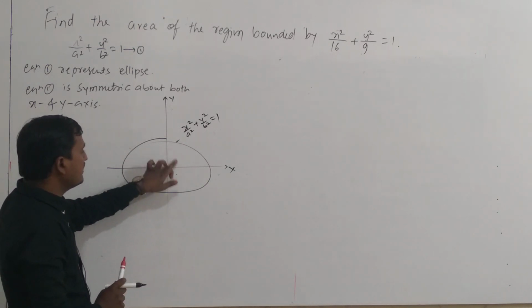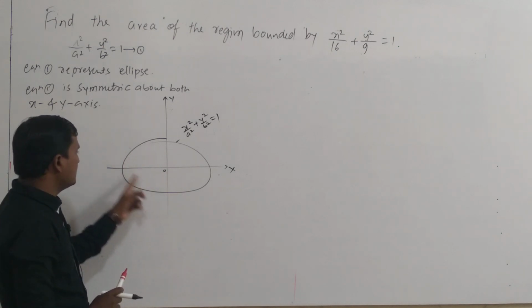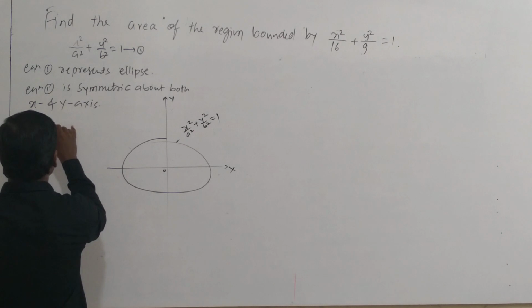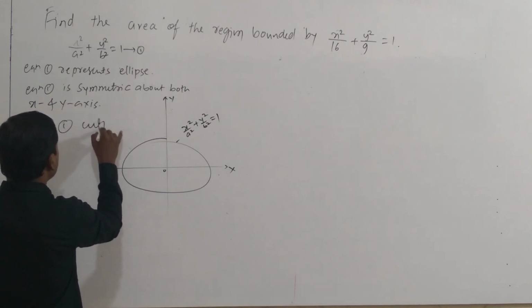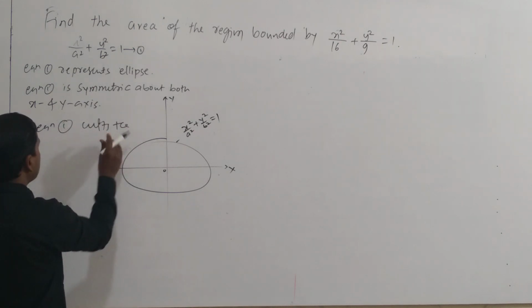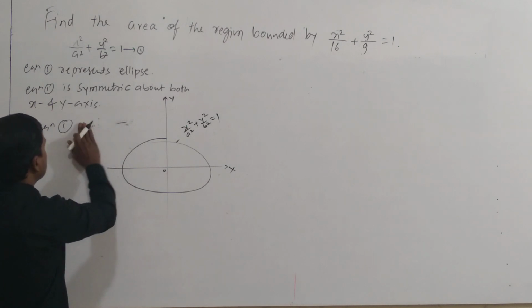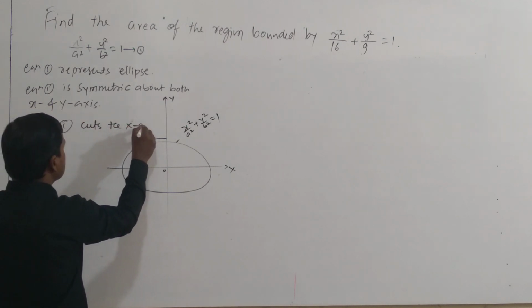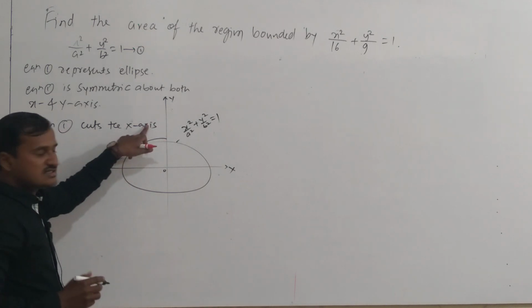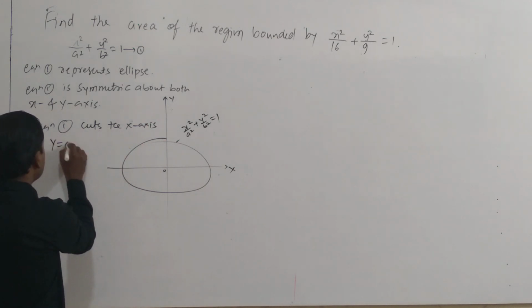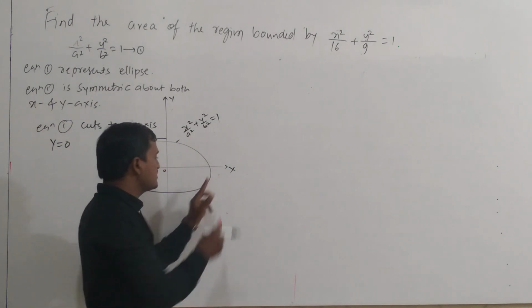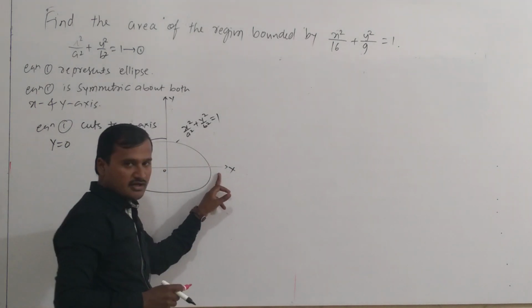To find the area of this region, clearly this curve cuts the x-axis. It means that equation 1 cuts the x-axis. If it cuts the x-axis, its y coordinate is always 0, so at this point the y coordinate is 0.